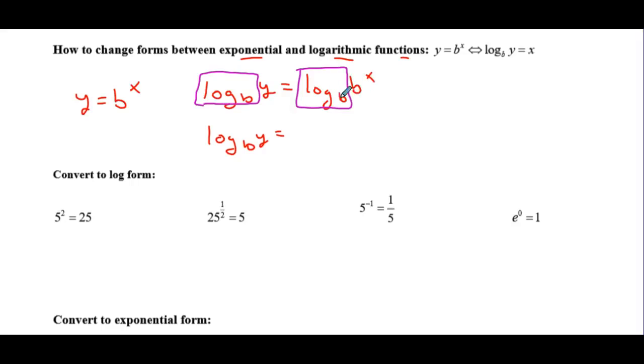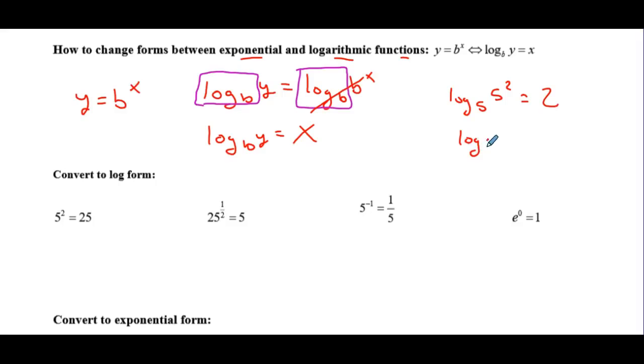And what that's going to end up doing is I'm left with log base b of y is equal to, now this is a property here. Anytime you have a log base b of b to the x power, that's just going to cancel out, and you're just going to be left with the exponent x. So, for instance, log base 5 of 5 squared is 2.